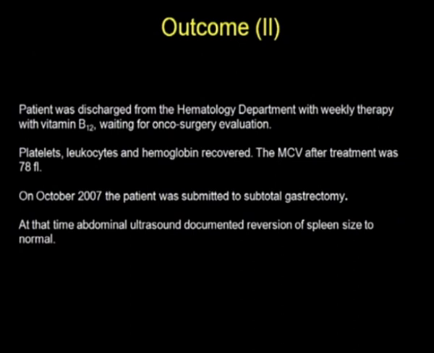So this patient was discharged from our department on therapy with B12, waiting for oncology evaluation. Platelets, leukocytes, and hemoglobin recovered, and after the treatment, he reached his MCV as a thalassemia carrier, which was slightly lower than the MCV at presentation.